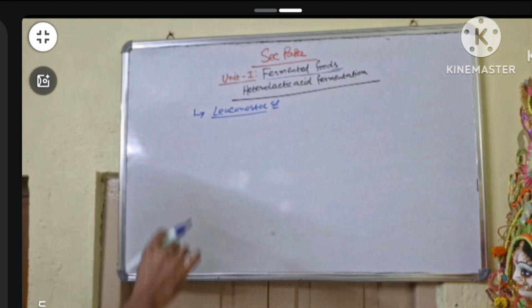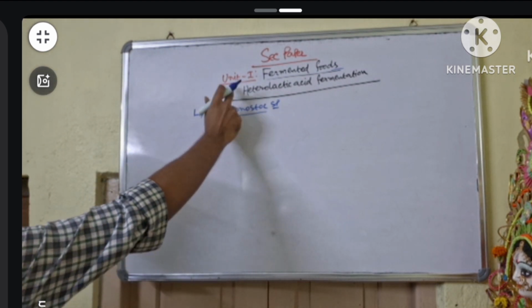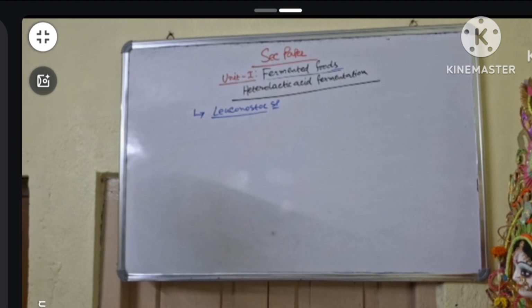Lactic acid bacteria only form homolactic, but Leuconostoc can do heterolactic acid fermentation.